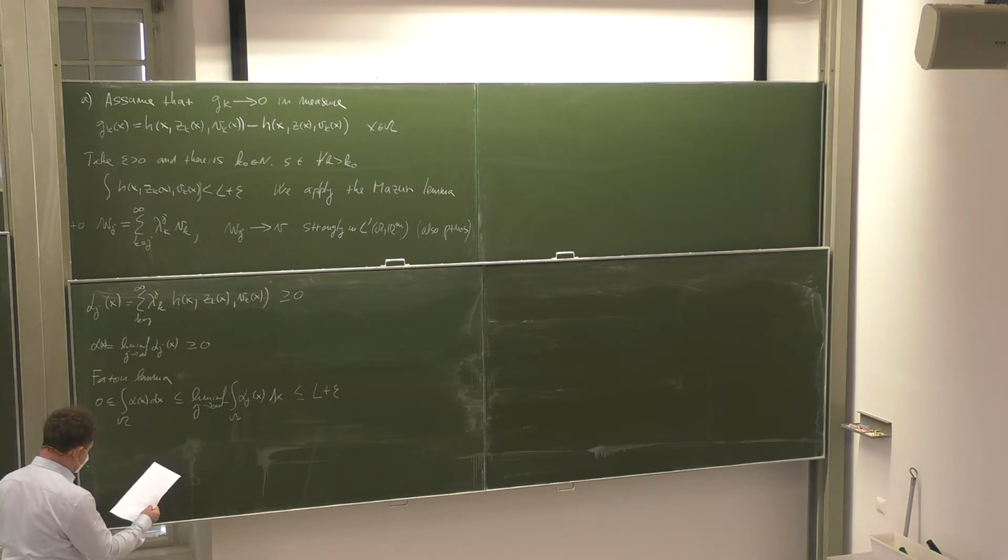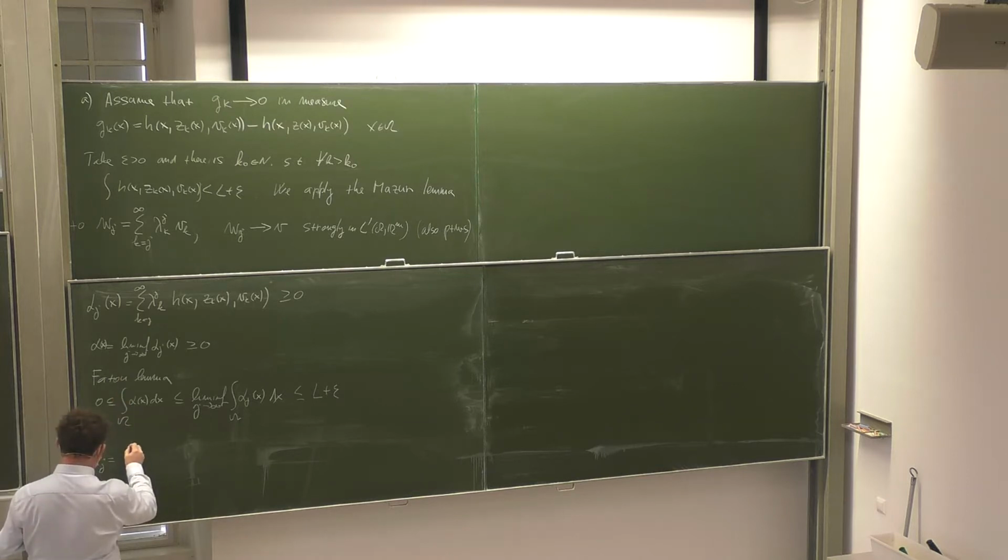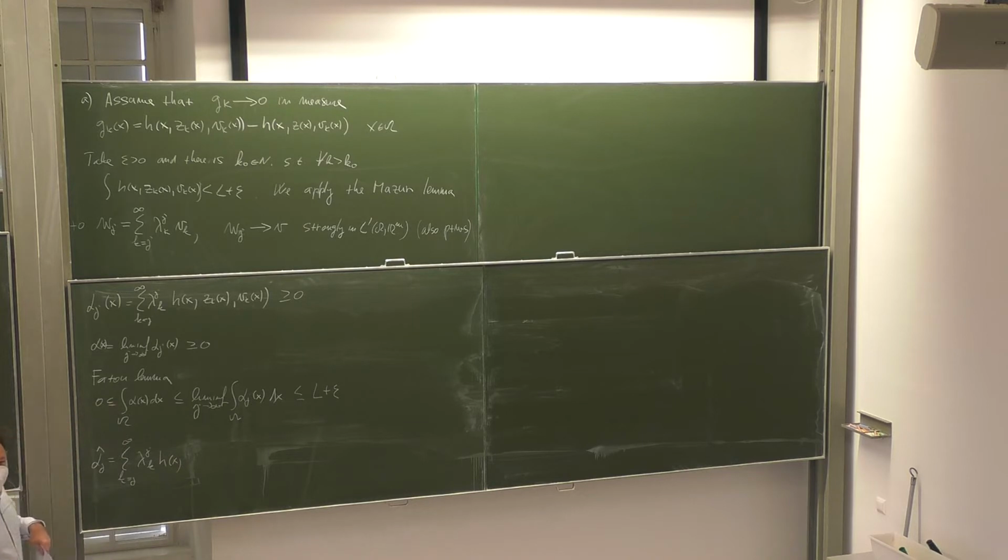And now I take alpha_j hat. This is almost the same as alpha_j, only I fixed z: instead of z_k, I put there z.